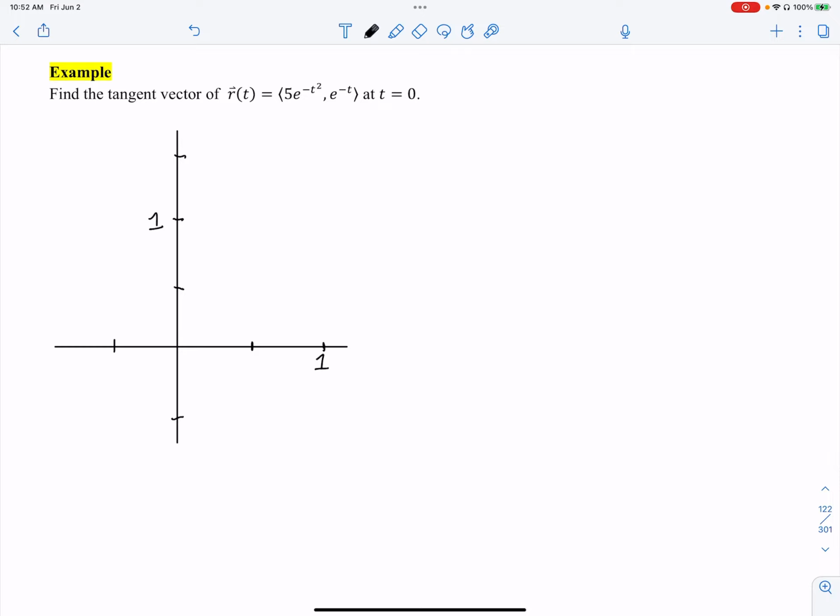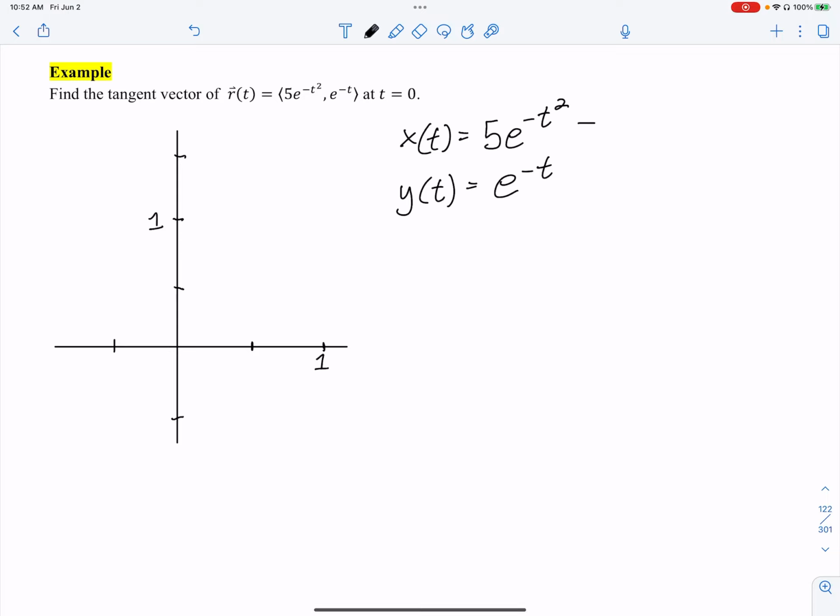So if I figure out each component, x of t equals 5 e to the negative t squared, and y of t equals e to the negative t.